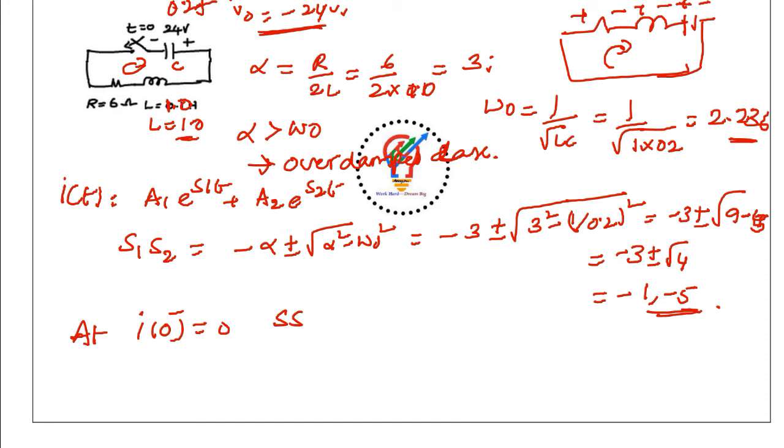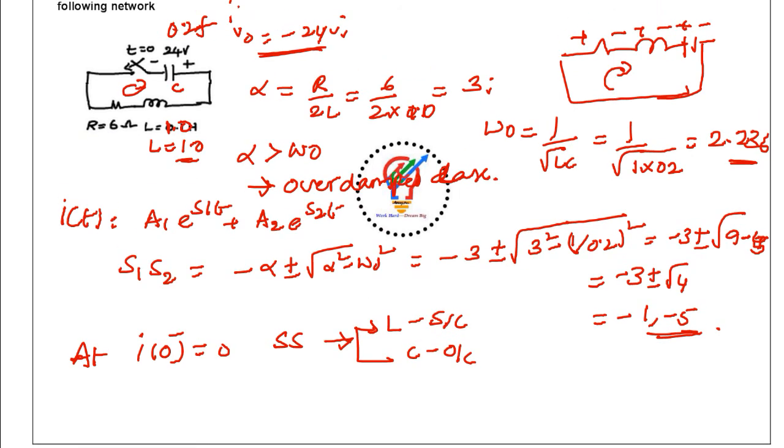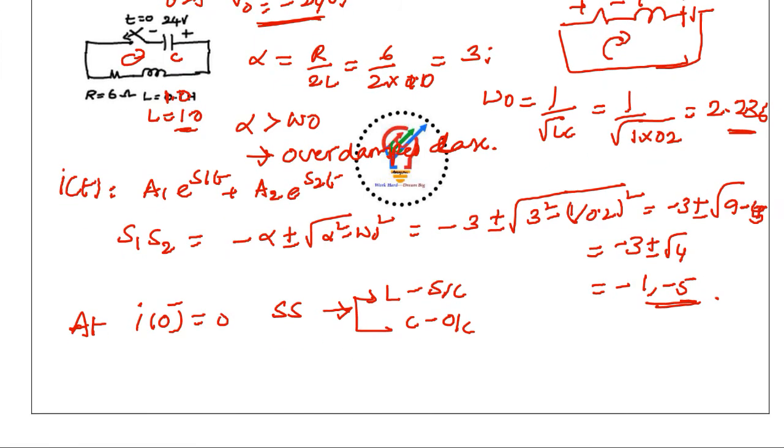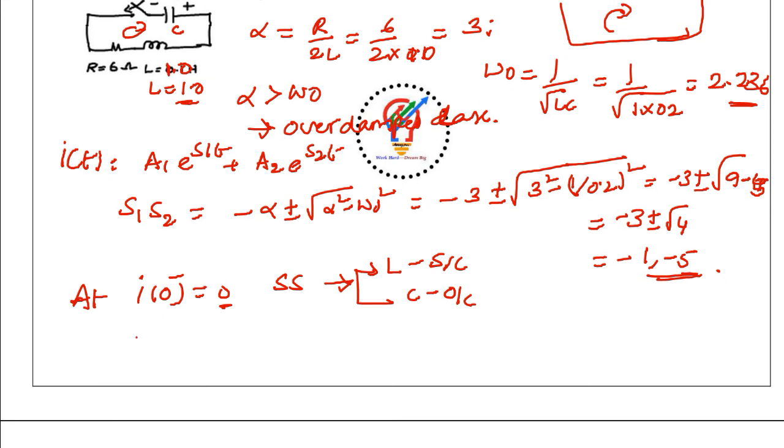In steady state, the inductor acts as a short circuit and the capacitor acts as an open circuit. So i of 0 minus is 0 amperes, because the open circuit is there. Similarly, i of 0 plus is also 0, because the inductor will never allow a sudden change in current.